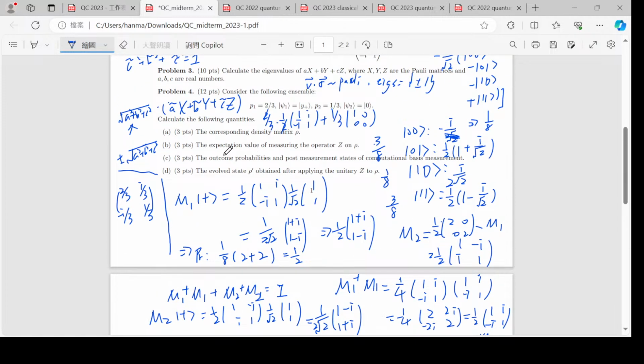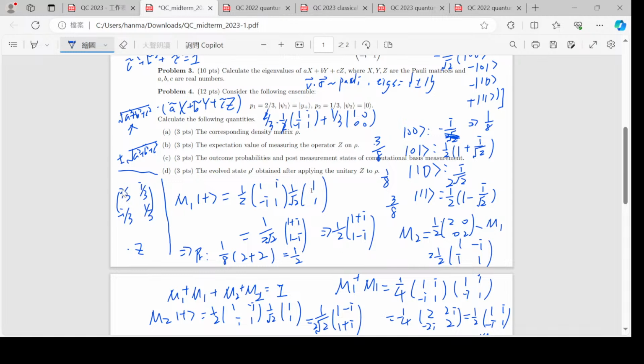And the expectation value of z, then you want to multiply z on this thing and take a trace. Z will depend on whether you multiply before or after, but anyway, z will take plus 1 on this 2 over 3 and minus 1 on this 1 over 3.